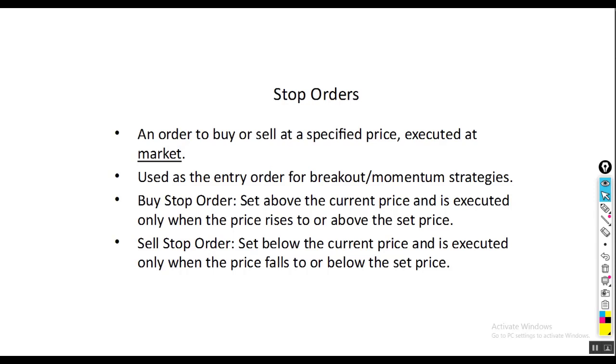So we want prices to be moving in the direction we want to be buying or selling, and we'll then execute our order. On the buy side, it needs to be set above the current price, and we need to get to that level or higher, and we'll set our order to buy at market. It's the direct opposite for sell orders.